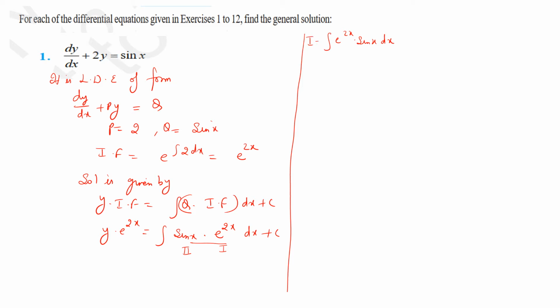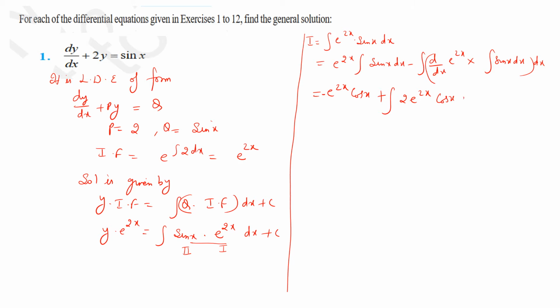Let us take it as I. It becomes first function into integral of second minus integral of d by dx of first into integral of second, whole dx. So this is e raised to power 2x into integral of sin, which is minus cos x, then minus integral of 2e raised to power 2x into minus cos x dx, so minus minus becomes plus, and it is cos x dx.